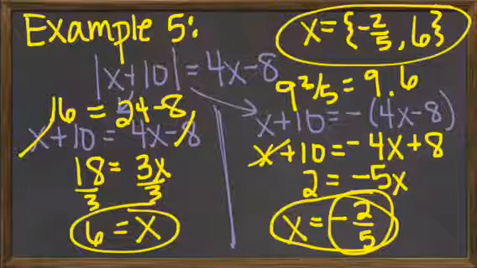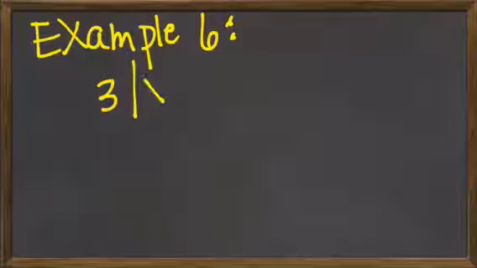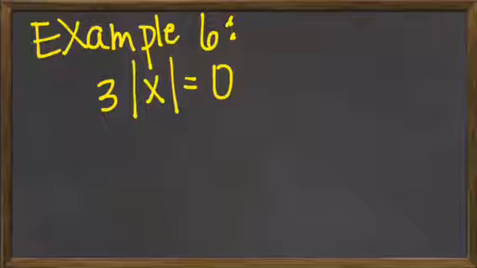I also want to point out that you might just have one solution anytime that an absolute value is equal to 0. So 3 times the absolute value of x equals 0. We would get the absolute value by itself.